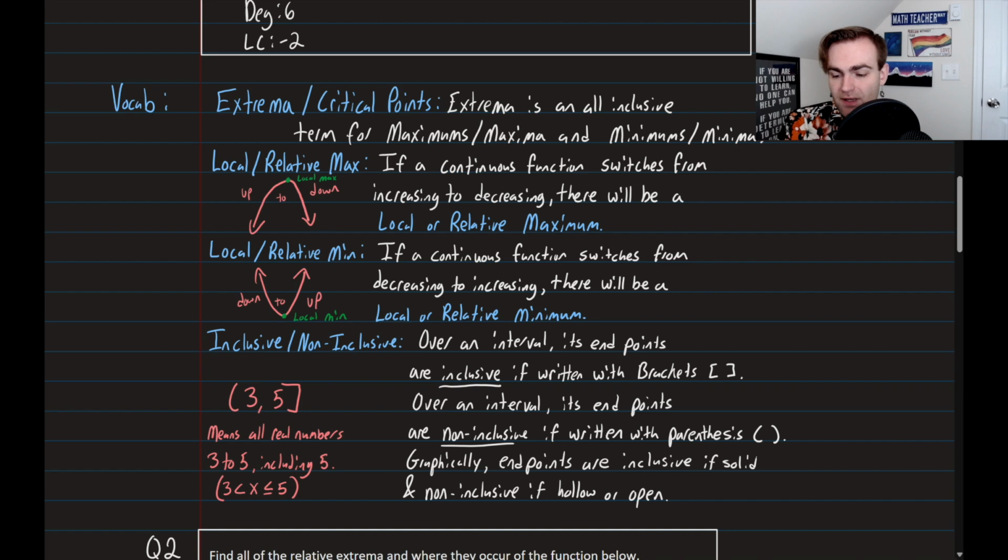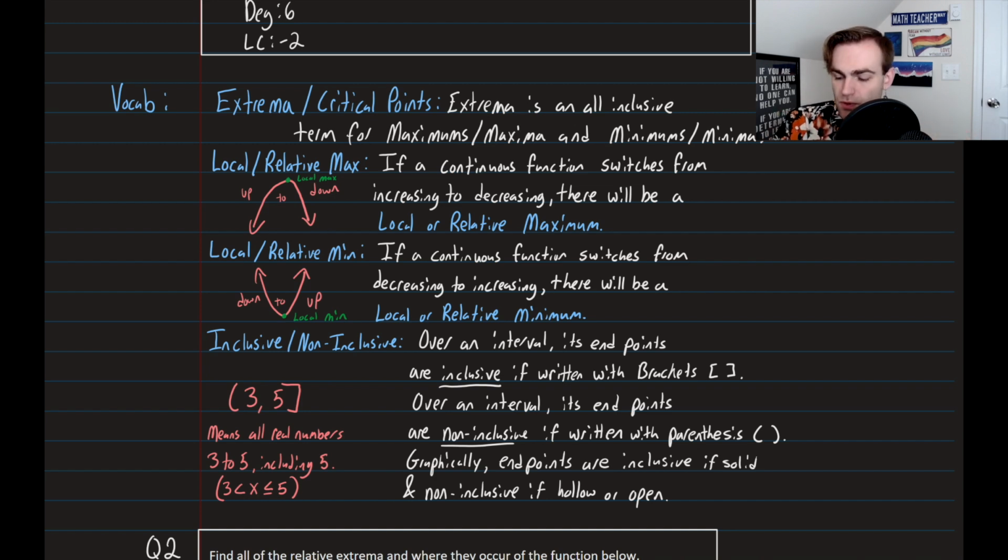If we have a function and it goes from going up, increasing, to going down, decreasing, it would be a maximum. If it goes from going down, or decreasing, to going up, or increasing, it would be a minimum. Now when we talk about intervals, I'm going to use inclusive and non-inclusive language. Inclusive just means that it is included.